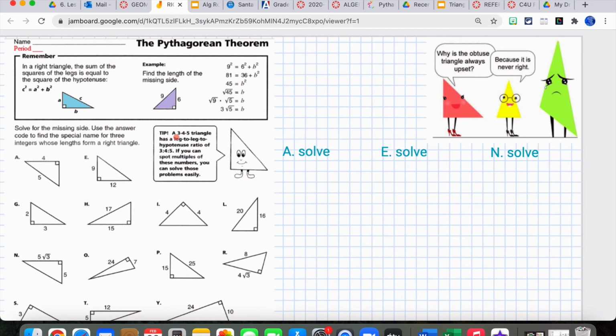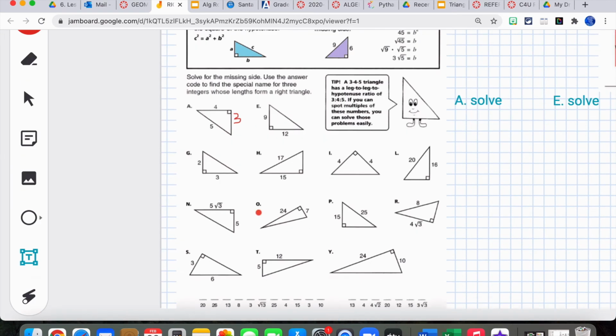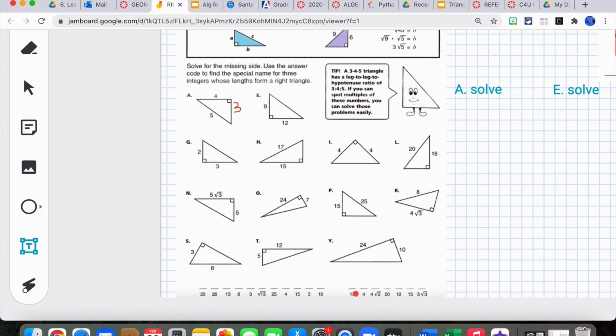But look, here's the answer. We already know that this missing side is a 3. That's so quick because I read my tip and I didn't skip the small writing. The answer is only true if I see it down here, and I do see it right here.